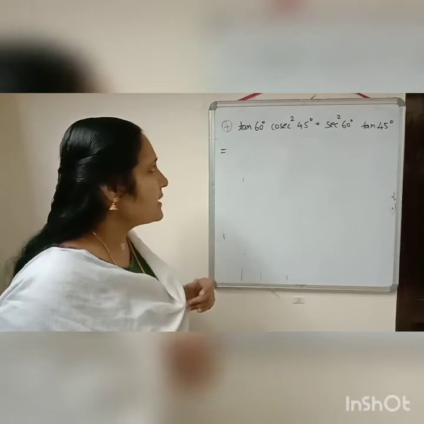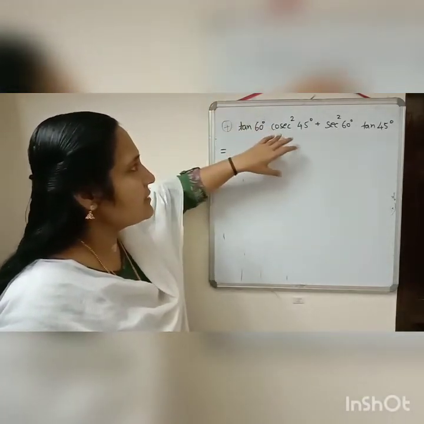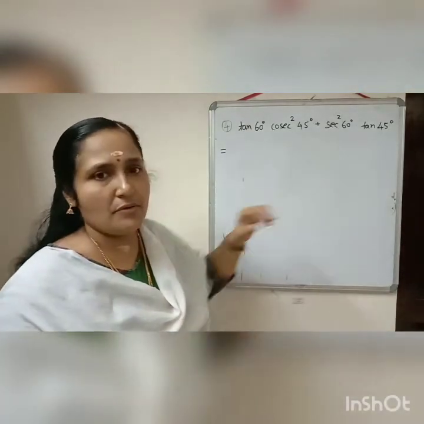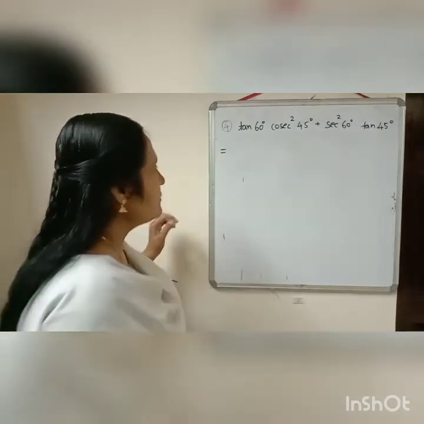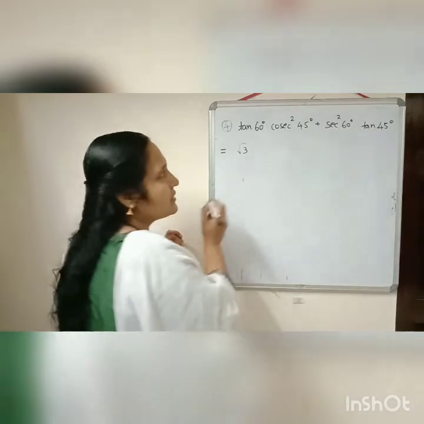Now all of you, just check here. We have to substitute the value of tan 60 degree into cosec square 45 degree plus sec square 60 degree into tan 45 degree. Tan 60 degree is equal to root 3.